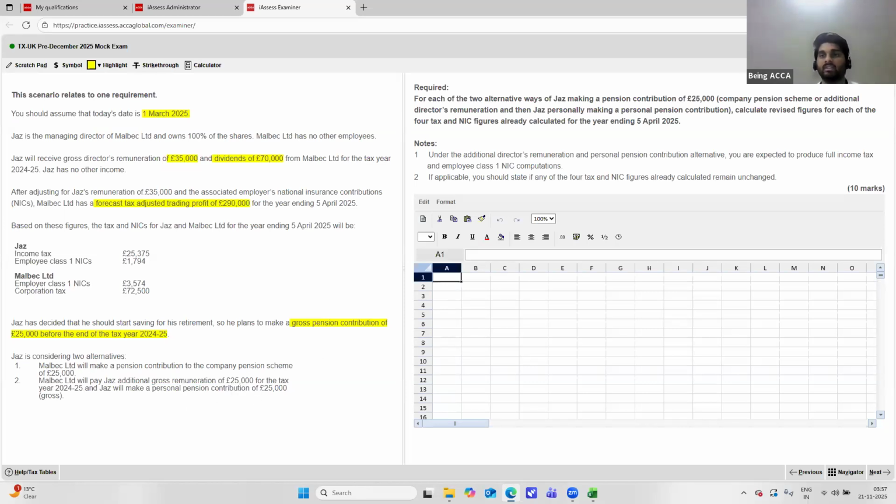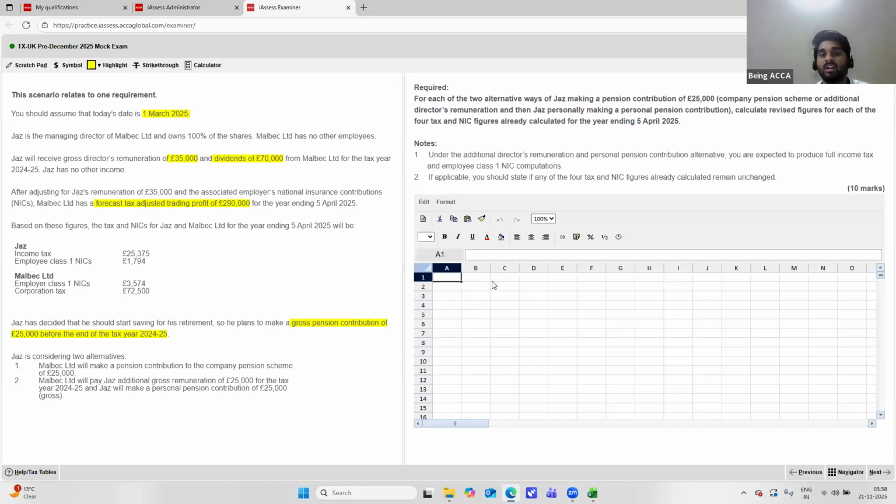With this, we will try to understand what the requirements are and solve it efficiently. For each of the two alternative ways of Jazz making a pension contribution of 25,000, either through the company or through additional director's remuneration and then a personal pension contribution, calculate the revised figures for each of the four tax and NIC figures already calculated for the year ending 5th April 2025.